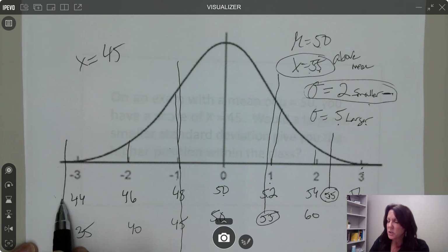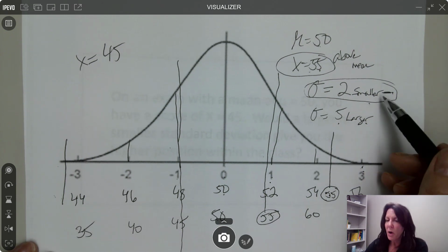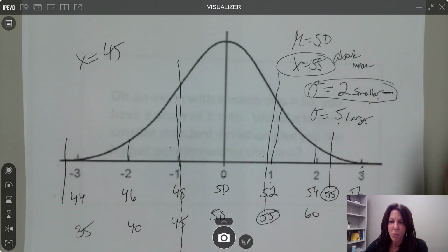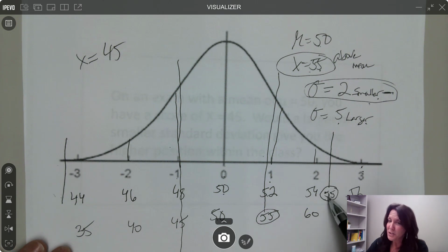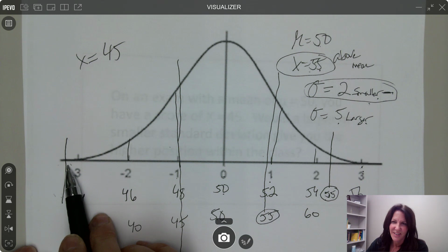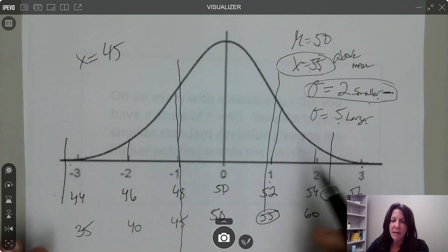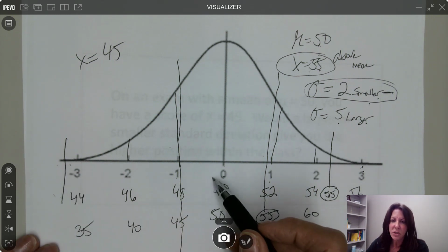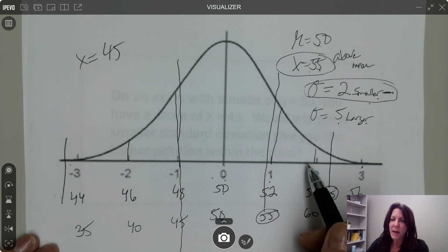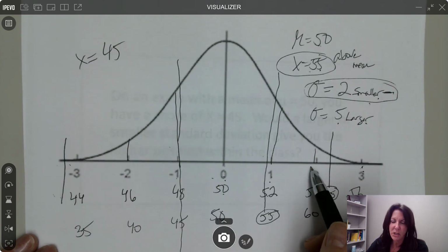So if you think of it this way, smaller standard deviations push the scores out more. And that's good if you have a high score, but not so good if you have a low score. So if I have a score that's above the mean, I do better with a smaller standard deviation.